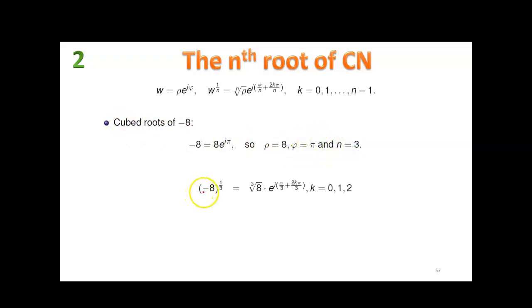So minus 8 to the power 1 by 3 can be expressed as cube root of 8, that is 2, times e to the power i times (pi by 3 plus 2k pi upon 3), where k is rolling from 0 to n minus 1, and 3 minus 1 is 2. So we have 3 roots here for k equal to 0, 1 and 2. By substituting the value of k, we can find out the given 3 roots.